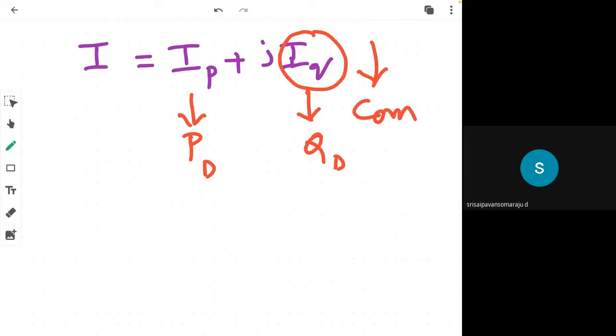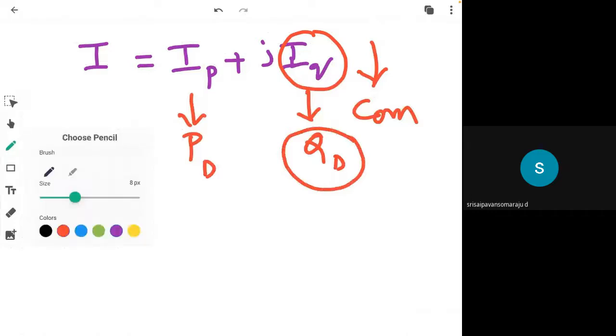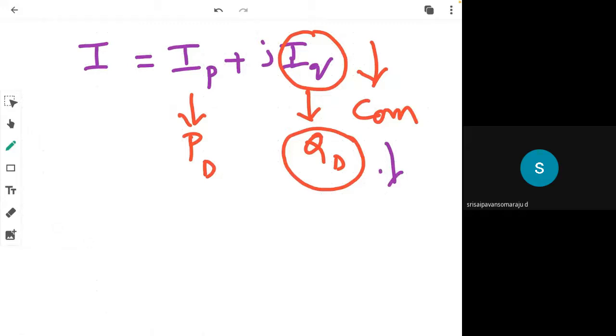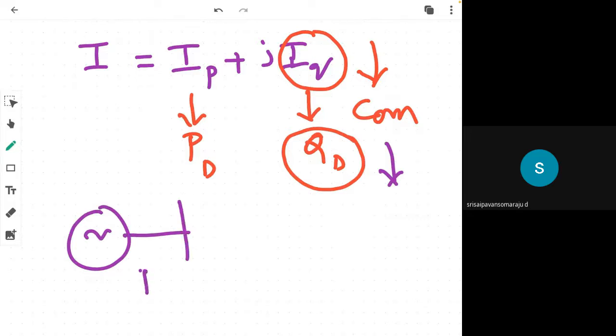Now the generator has to supply P, and the reactive power component of the generator can be decreased due to the compensator.